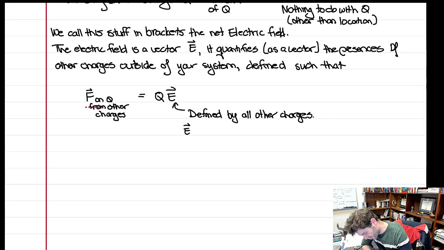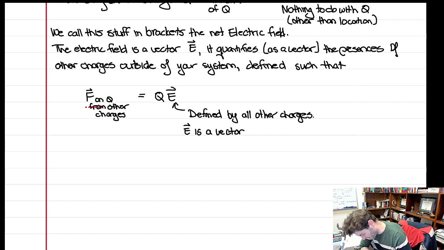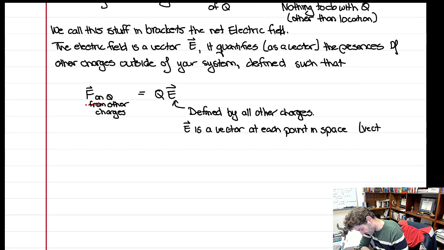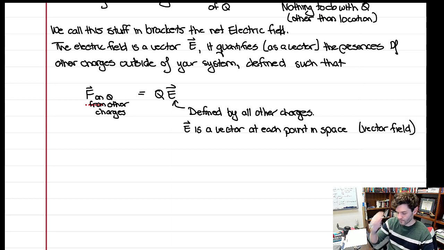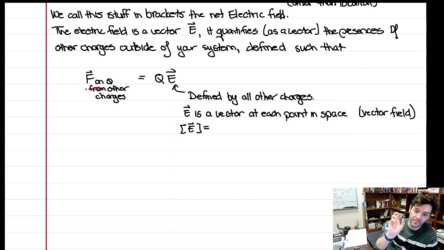The electric field is a vector at each point in space, so we may call that a vector field. The units are not too bad to work out. If I take E and multiply it by Q, which is a charge with a unit of Coulomb in SI, I need to get a force, which has a unit of Newton.